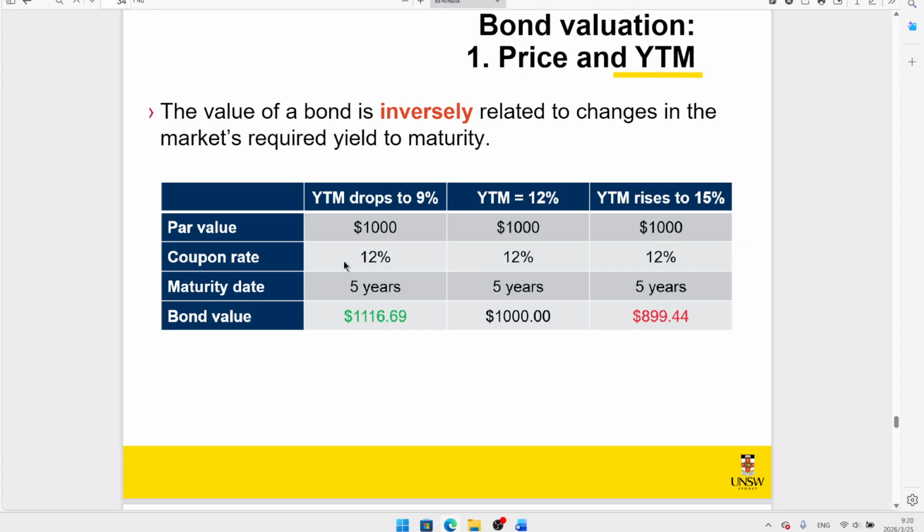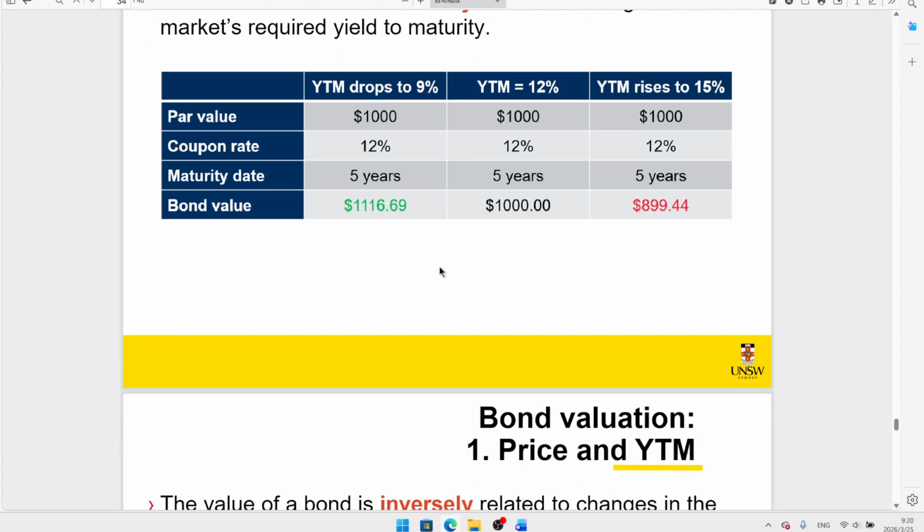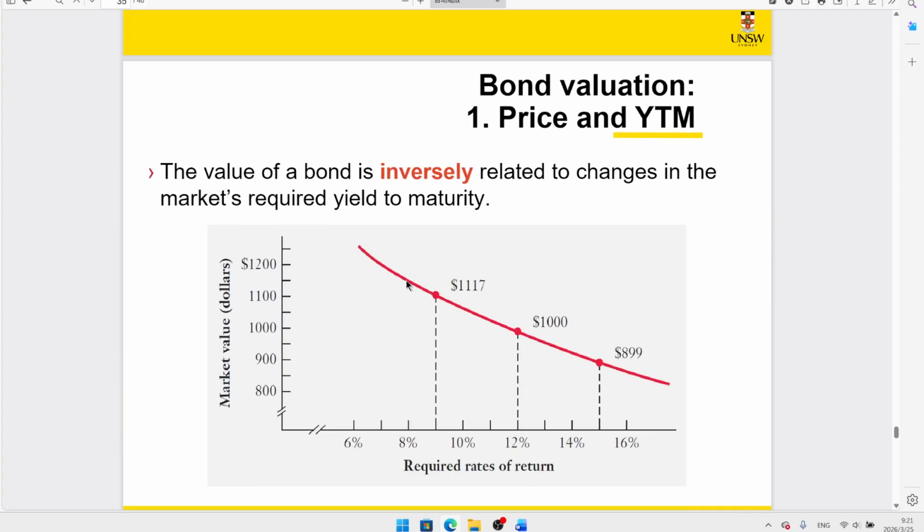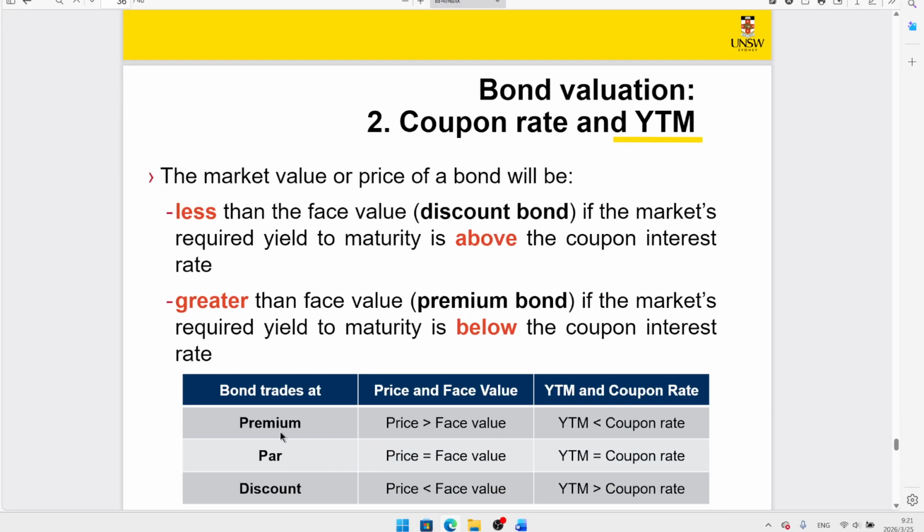That's because the yield to maturity is the actual return that you will get. That's correct. We can see that the premium price is higher than face value if the yield to maturity is lower. The issuer will compensate you with a higher price.